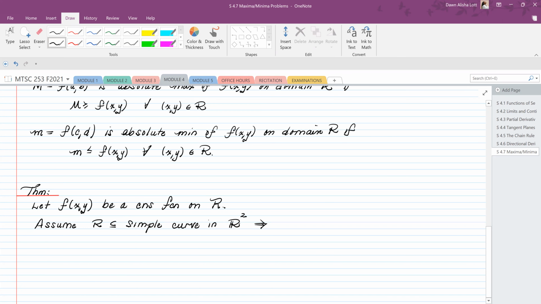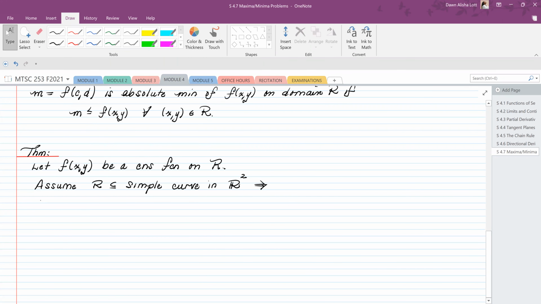Then f attains an absolute max and min on R. So what do I mean by that?